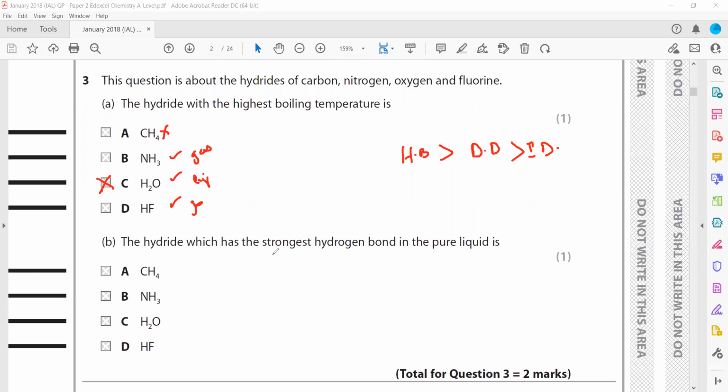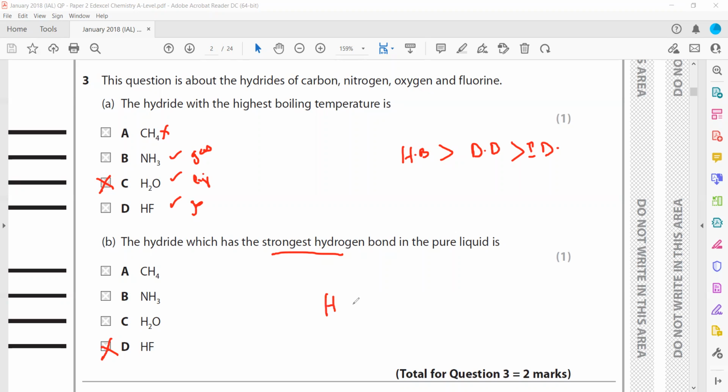The hydride that has the strongest hydrogen bond in a pure liquid. So the strongest hydrogen bond is in hydrogen fluoride, because fluorine is more electronegative. The electron pair is shifted more towards fluorine, and as it shifts more towards fluorine, stronger dipoles are produced.